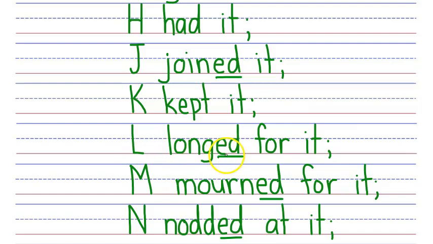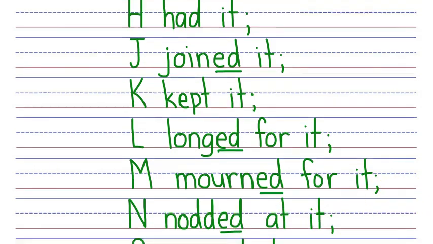L longed for it. What does ed say? D. M mourned for it. What does ed say? D. N nodded at it. What does ed say? Ed. Good.